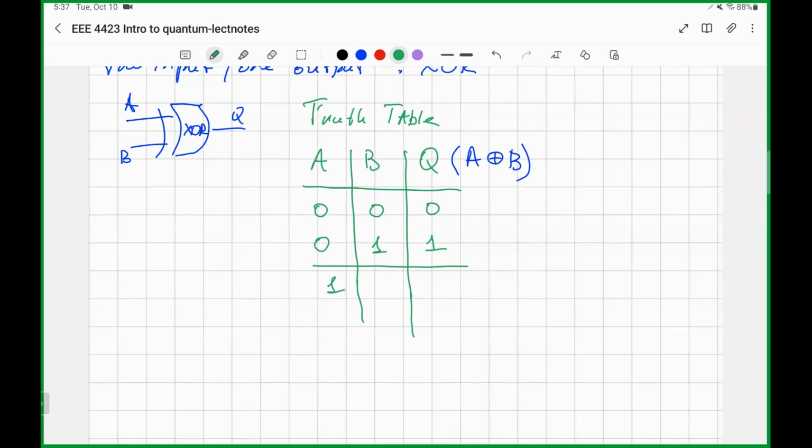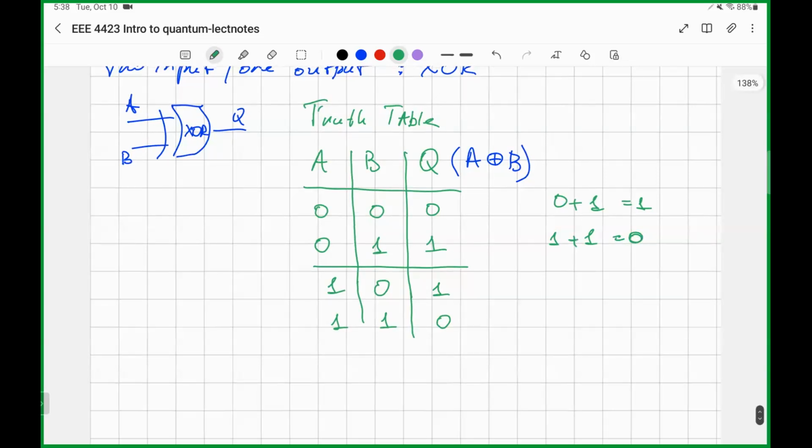If A is 1 and B is 0, then Q is 1. Finally, if A is 1 and B is 1, then the state of B is flipped to 0. So the circle plus operation means that as usual you get 1, but when you sum 1 plus 1, you get 0. So it's flipped.